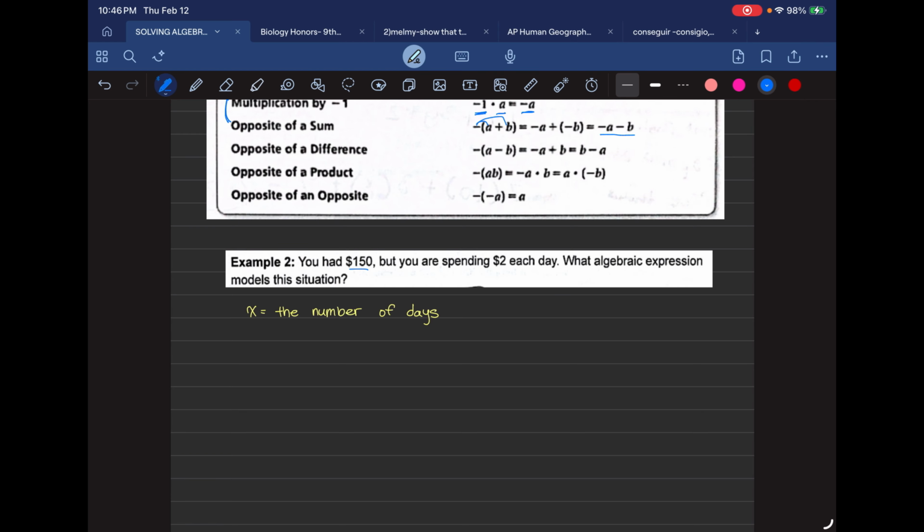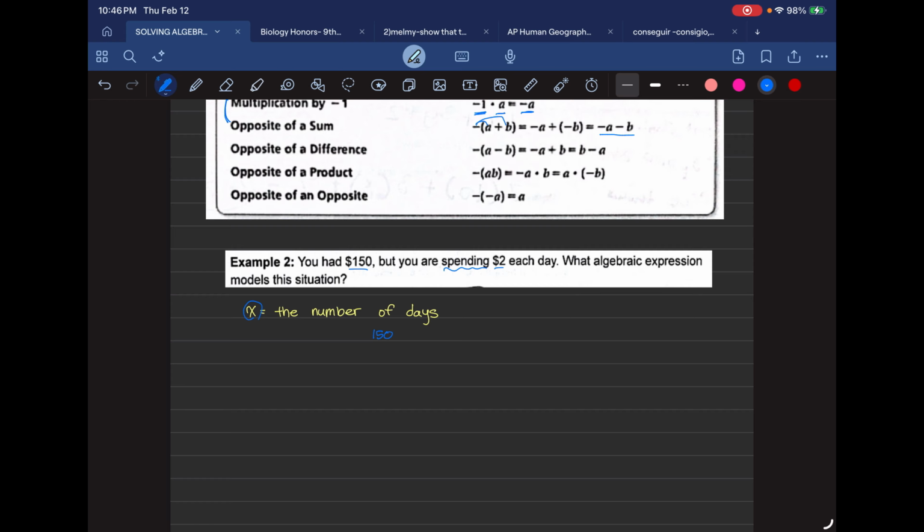So you had $150, but you're spending $2 each day. What algebraic expression models this situation? So I said x will be equal to the number of days. It's also very important to say what your variable represents before writing your expression. So first, our initial amount is $150.